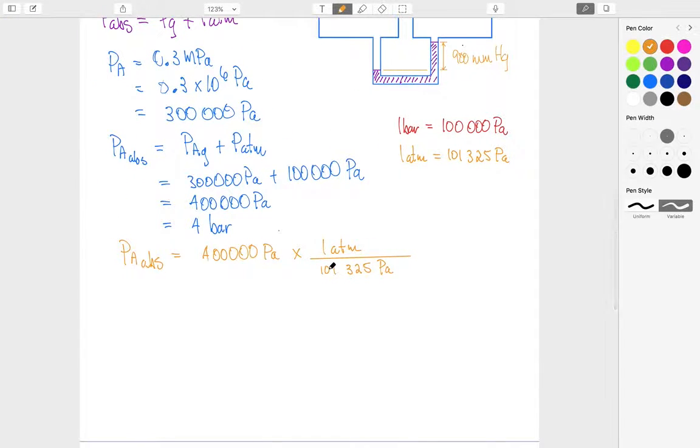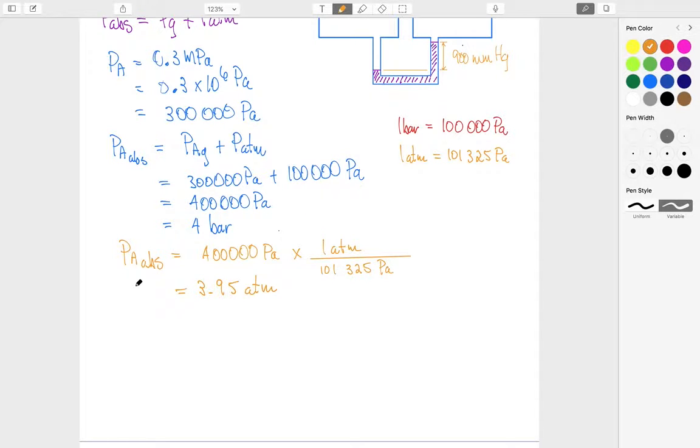If I put that through my calculator, I get the following. In fact, you might want to try this on your own. While I'm doing this, I'm not going to pause the video. I'm actually going to do this calculation. When I get 400,000 divided by 101,325, I get 3.95. This is equal to 3.95 atmospheres. And that's absolute pressure.